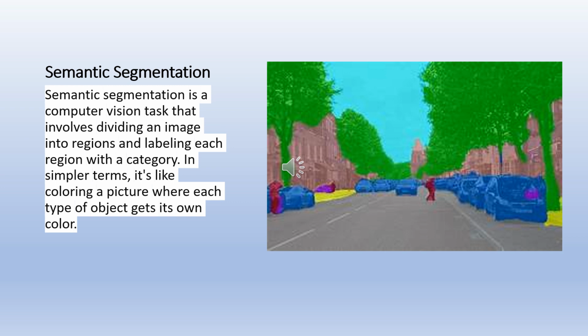In this image the trees are given green color, the cars blue, the persons maroon, and the buildings brown. So basically, semantic segmentation is grouping similar types of objects with a color.